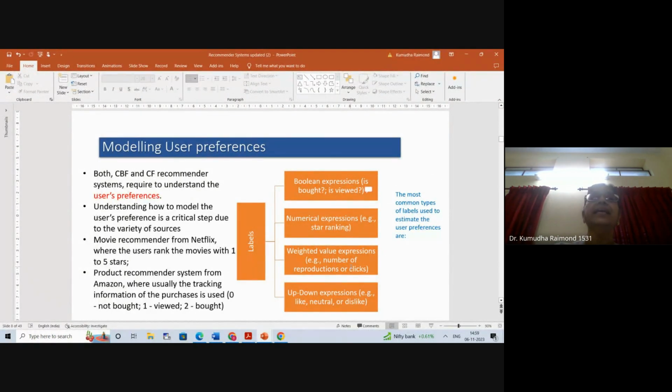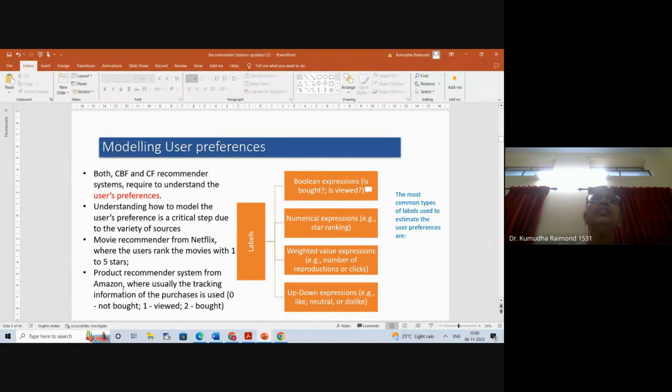Sometimes a star rating, what we saw in the case of Netflix, is called numerical expression. When you give different star ratings, that is called numerical expressions. And in the case of Amazon, if I bought it, or I just viewed it, or I didn't buy anything, that is called a Boolean expression.